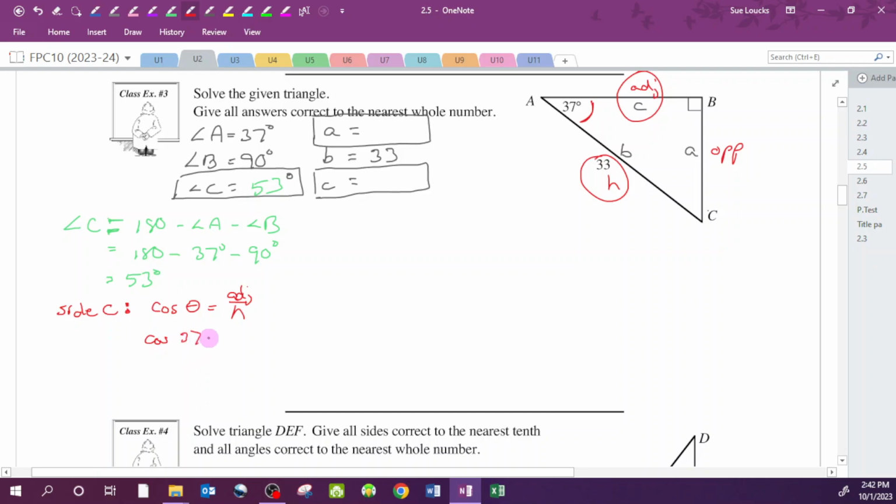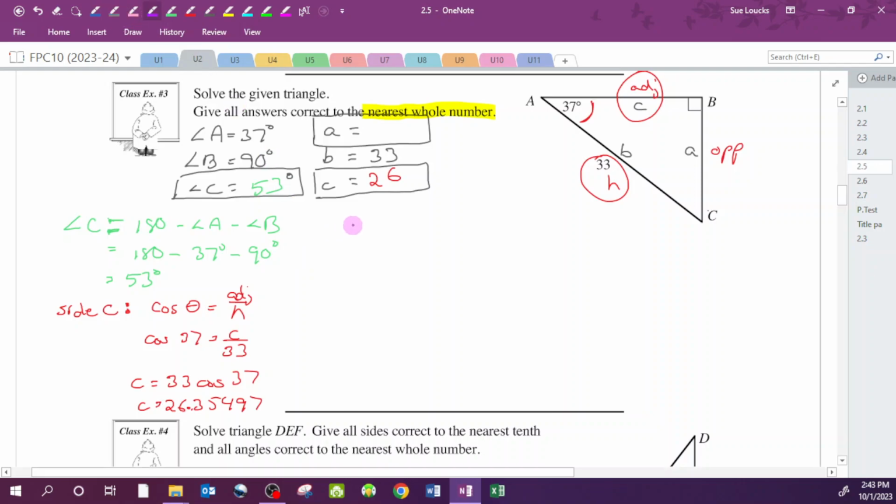So cos 37 equals C over 33, and then C equals 33 cos 37. Then I pick up my calculator and I get C equals 26.35497, and then probably some other digits. I'm going to write it up here to the nearest whole number. I'm always going to write more decimals down here in case I need that information again, but right now that's going to round to 26.